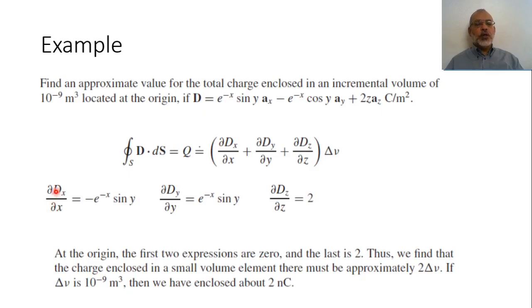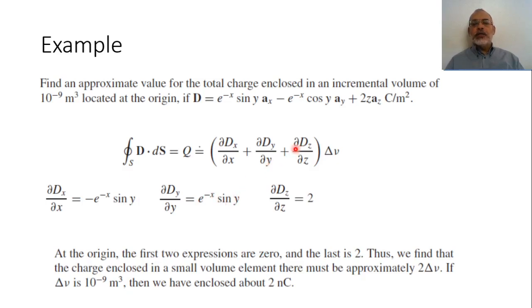So the differentiation of Dx with respect to x would be minus e to the power minus x sin y. Now the differentiation of Dy with respect to y. Dy is minus e to the power minus x cosine y. So e to the power minus x is constant with respect to y, but cosine y can be differentiated, and its differentiation would be minus sine y. So minus minus would be positive e to the power minus x sine y.